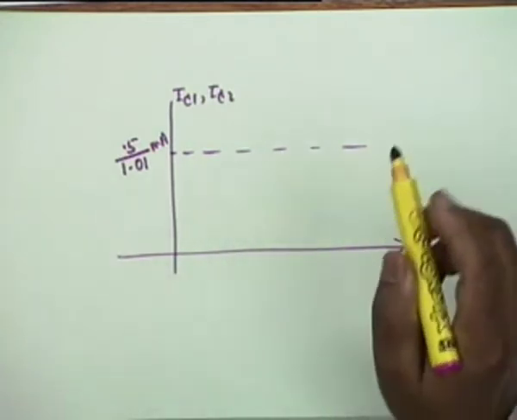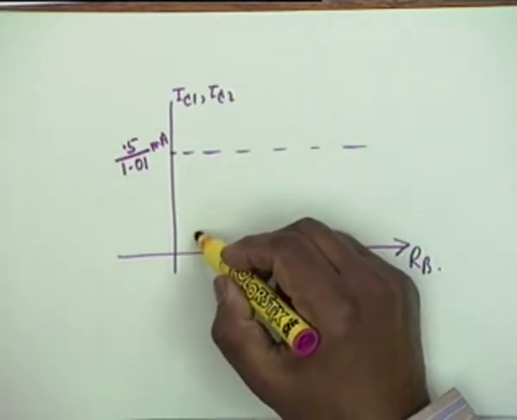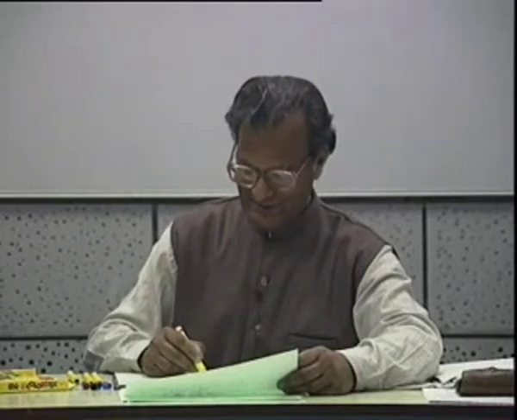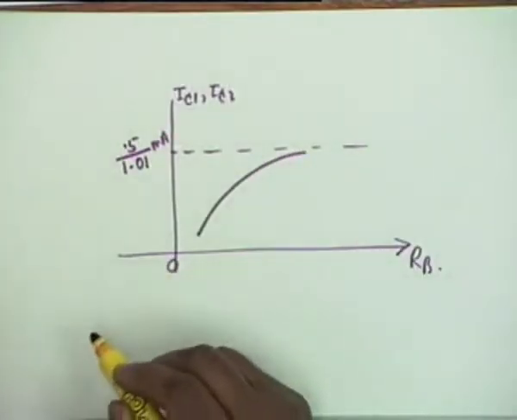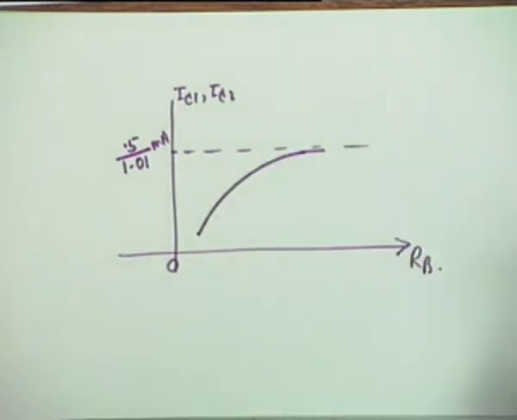No. We must start from a non-zero small value such that the voltage can be maintained at 0.7, which we have not asked you to determine, but it is possible to determine. So do not start at RB equal to 0. At RB equal to infinity, the curve goes towards 0.5 divided by 1.01 milliampere.